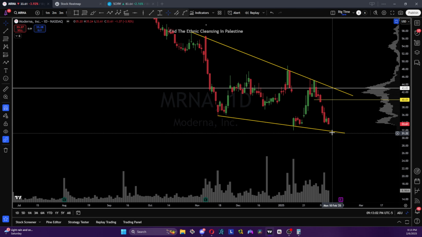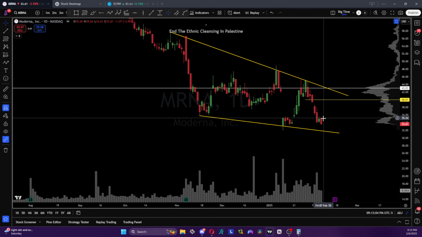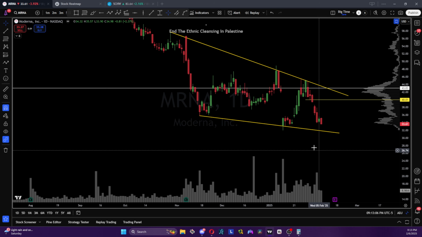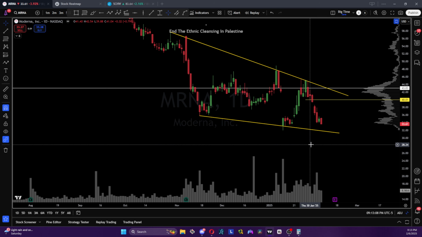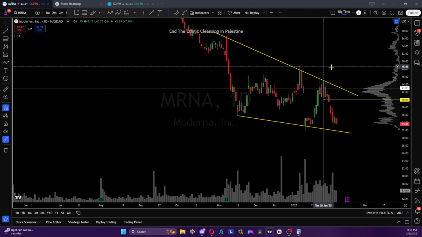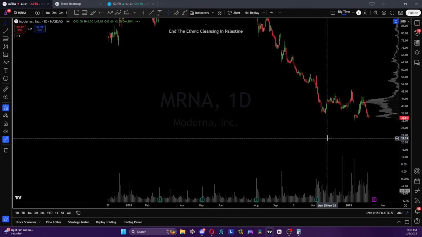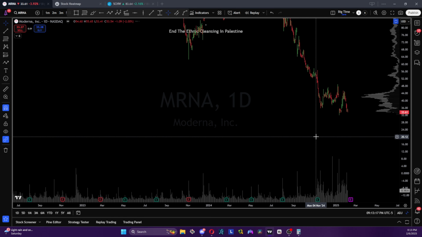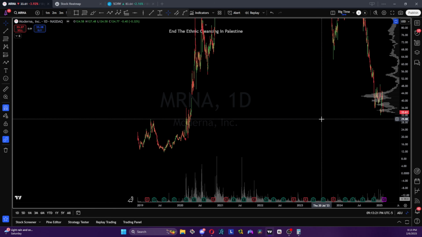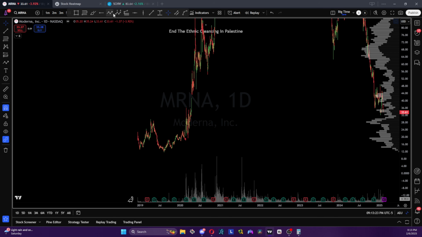You could say there's a possible double bottom coming up, but look at the candles. What's showing you that it's going to be bullish? So right now, if I were to look at Moderna, let's say I'm bearish on this. Here's the thing, what's the downside? There's not much downside.